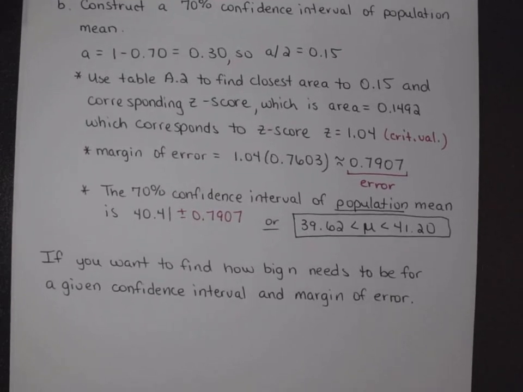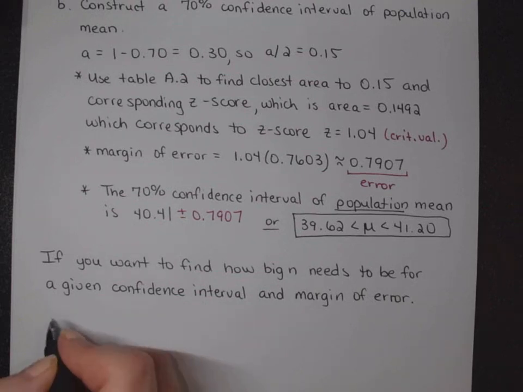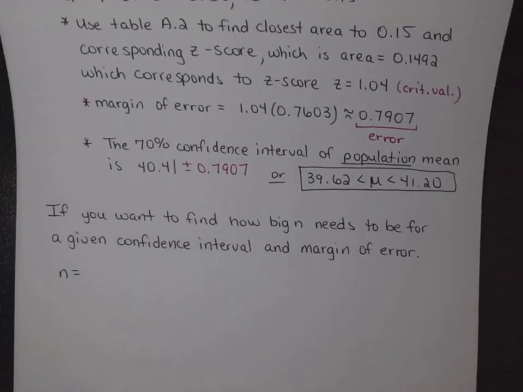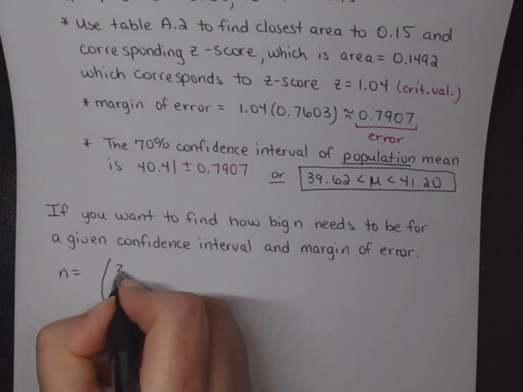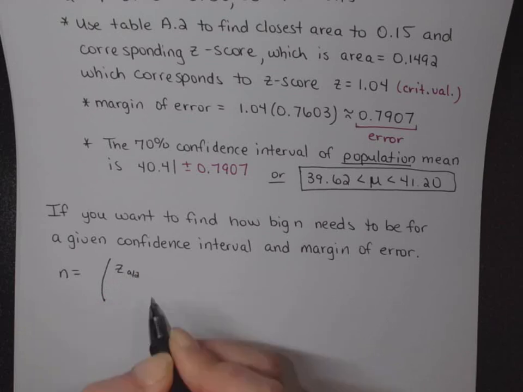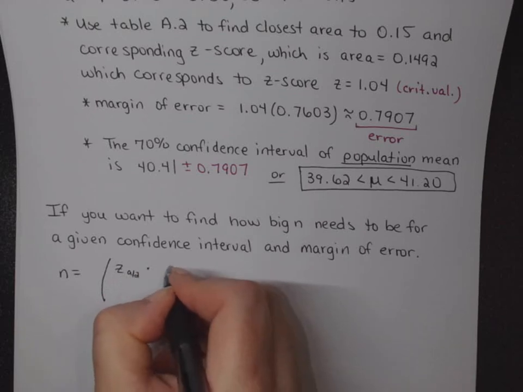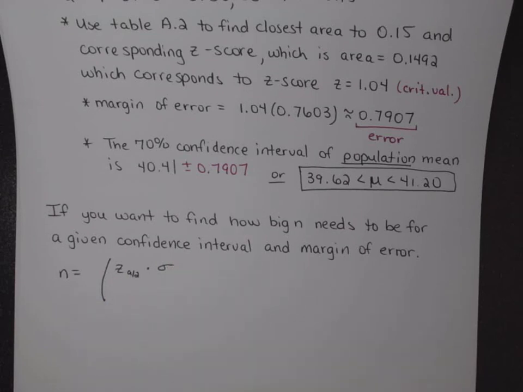Okay. And this formula is going to look harder than it is, just because it's got a lot of weird letters in it. So first of all, it's n equals, because n is what we're trying to find. And it's going to be the following. We're going to take the z-score we get from table 8.2, and we're going to multiply it times sigma.